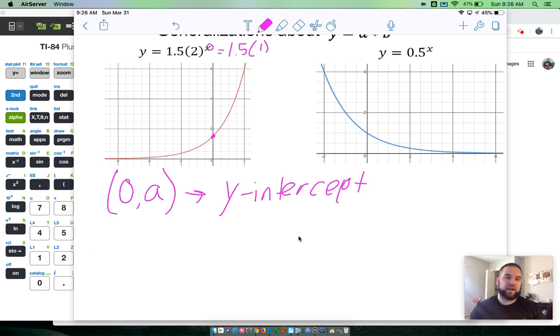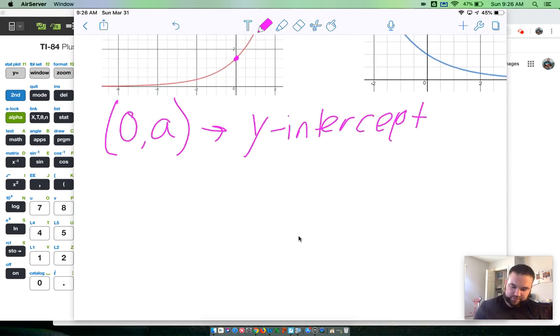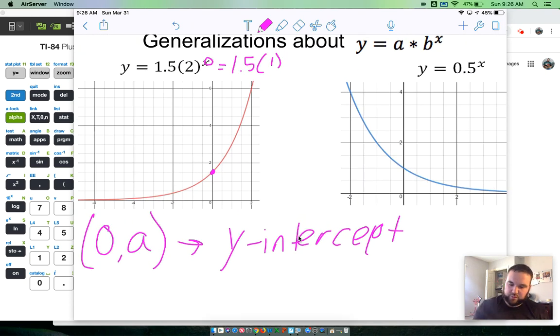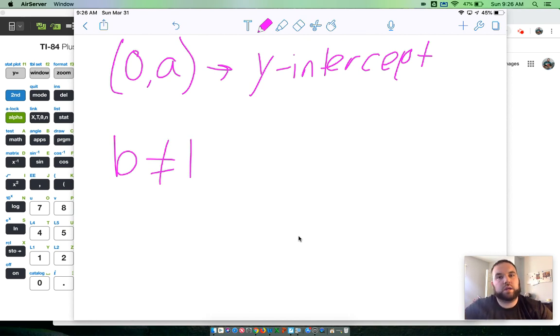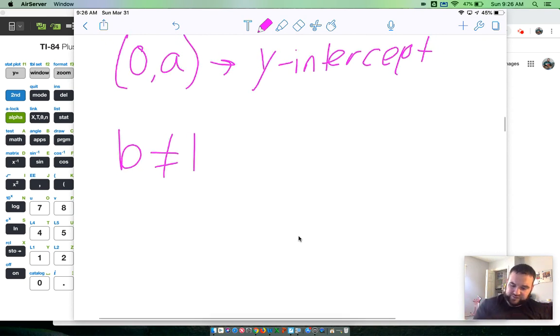So your growth factor, that b value or that number in the parentheses, cannot equal 1. The reason it can't equal 1 is because if you multiply by 1 over and over again, the values will never change, and so you just end up with a horizontal line.